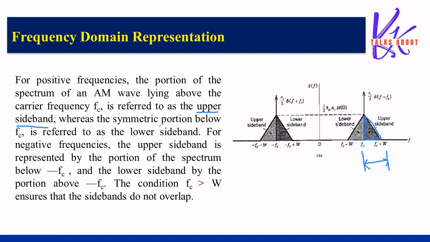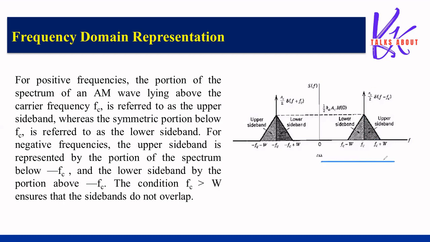And the symmetric portion below the Fc, that means the second part you can see here, this part is referred to as your lower sideband. This is what we have seen for positive frequencies.